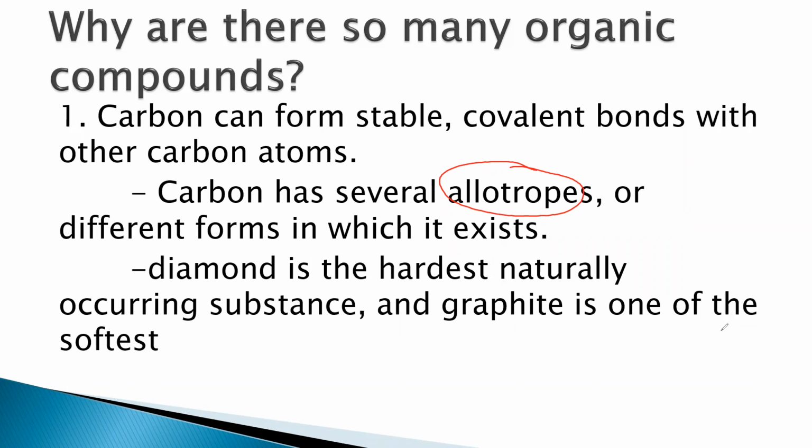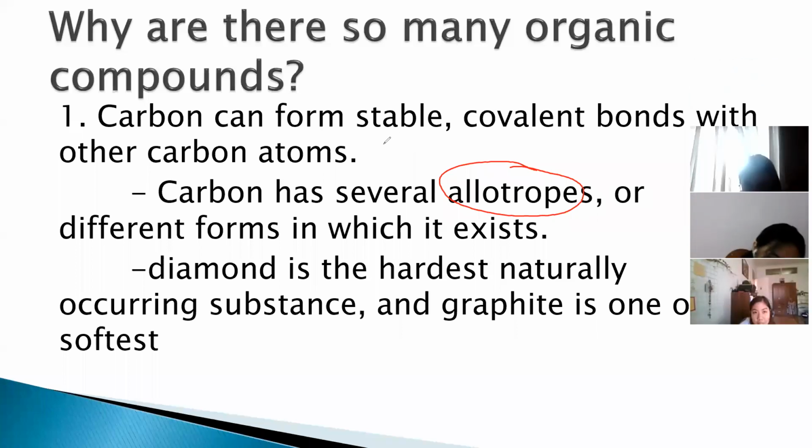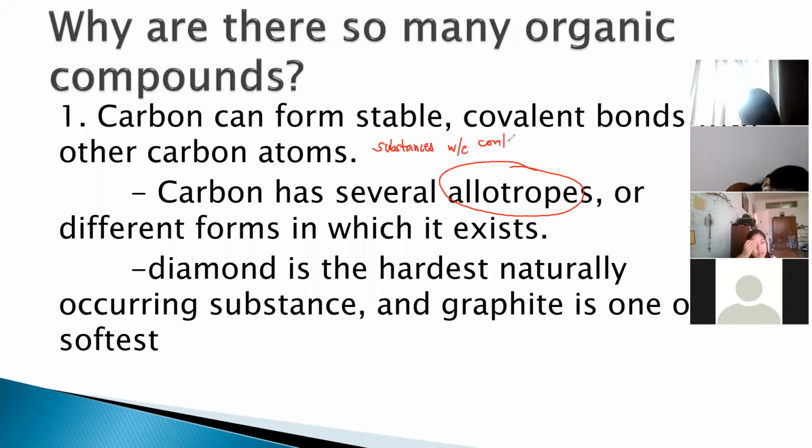Anyone? Who here has an idea what allotropes are? None. Okay. Allotropes are substances which contain the same component but differ in their physical and chemical properties.